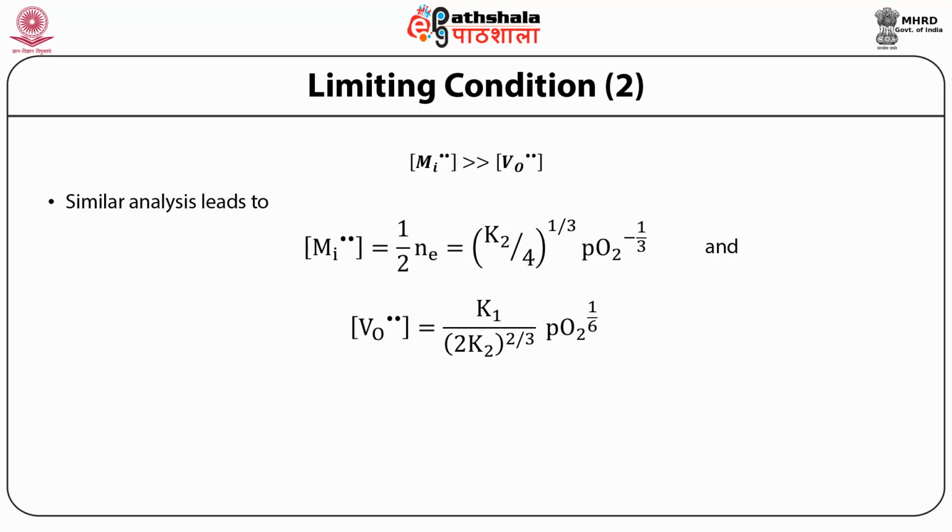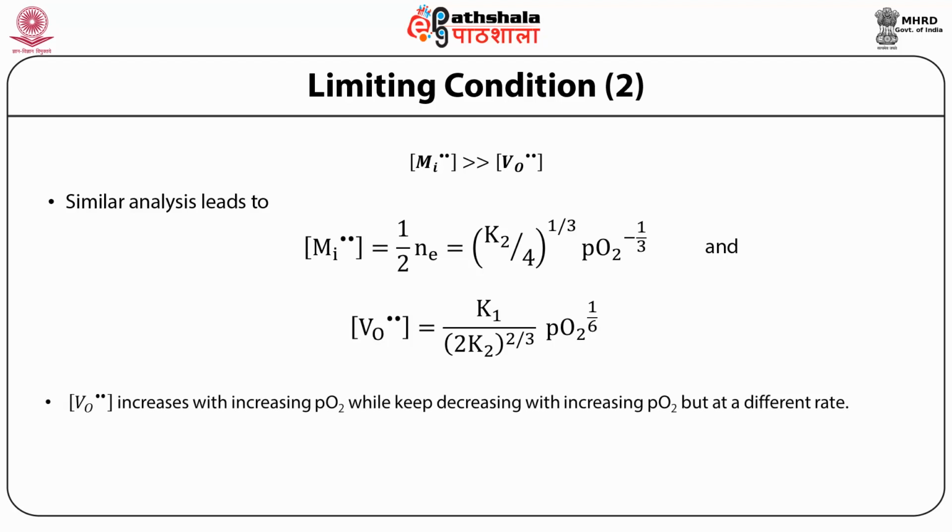Here, the concentration of VO double dot increases with increasing PO2, while Mi double dot keeps decreasing with increasing PO2 but at a different rate.